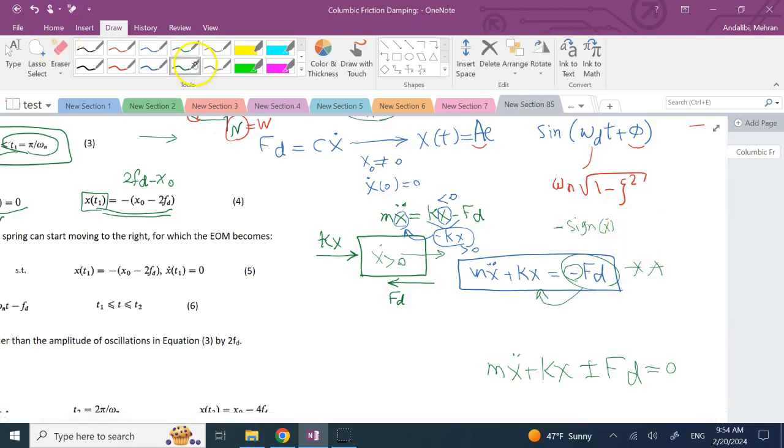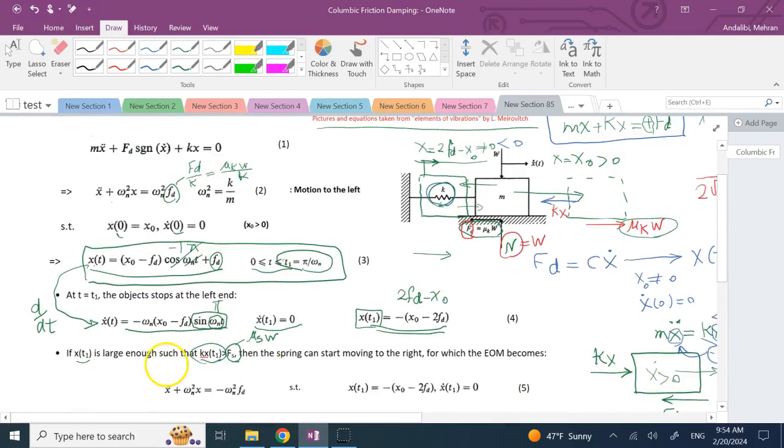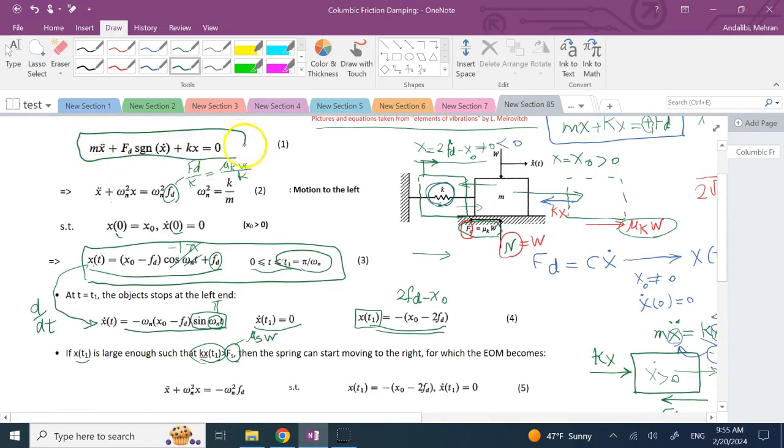The negative sine of x dot on the left-hand side should be multiplied by ft. Now, if you bring it to the left side, that negative sign becomes positive sign. So instead of writing it this way, you write it as positive sine of what? X dot times ft. And that is exactly this equation 1 here.